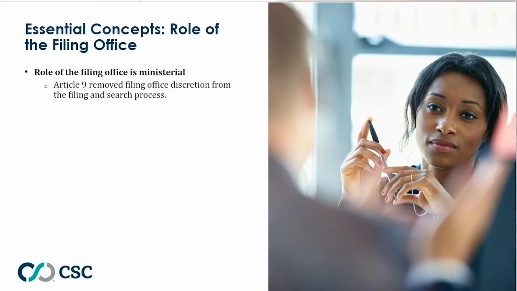It's also important to understand that search and filing is a machine process. And because it is a machine process, it is limited to the capacity of the programming and the machines. And as a result of that, there can be challenges at times.